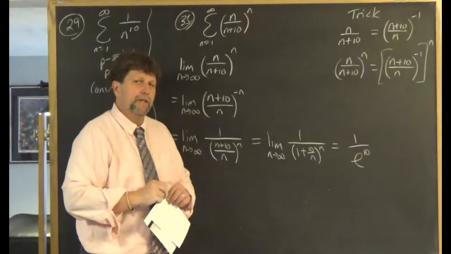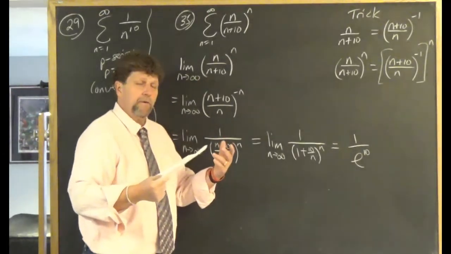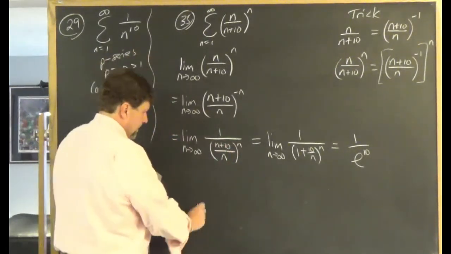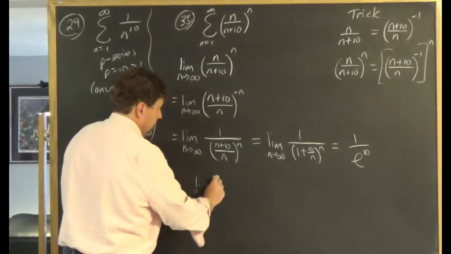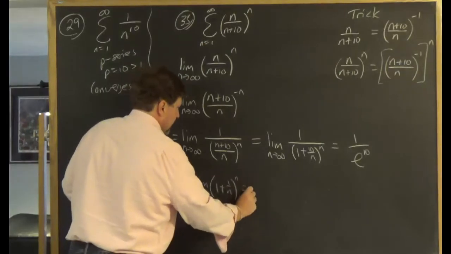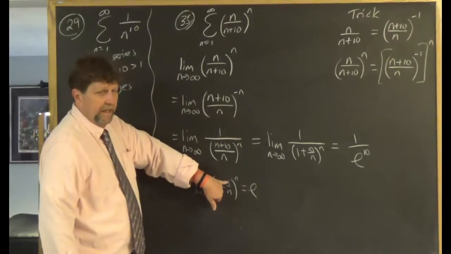Because I kind of remember doing these problems in the past. I remember doing a bunch of them in Calc 1, and I remember we did some this semester. That you know the limit as n goes to infinity of 1 plus 1 over n to the n is e. You can replace this 1 with any non-zero number.